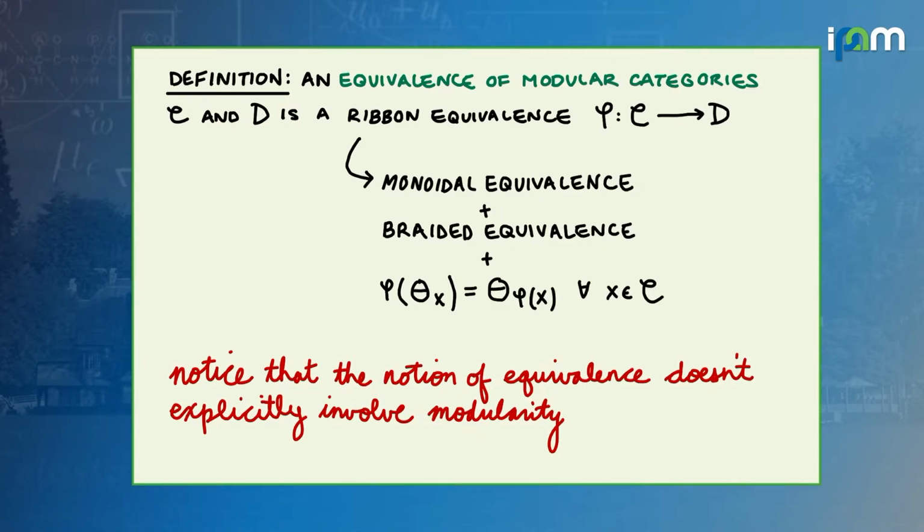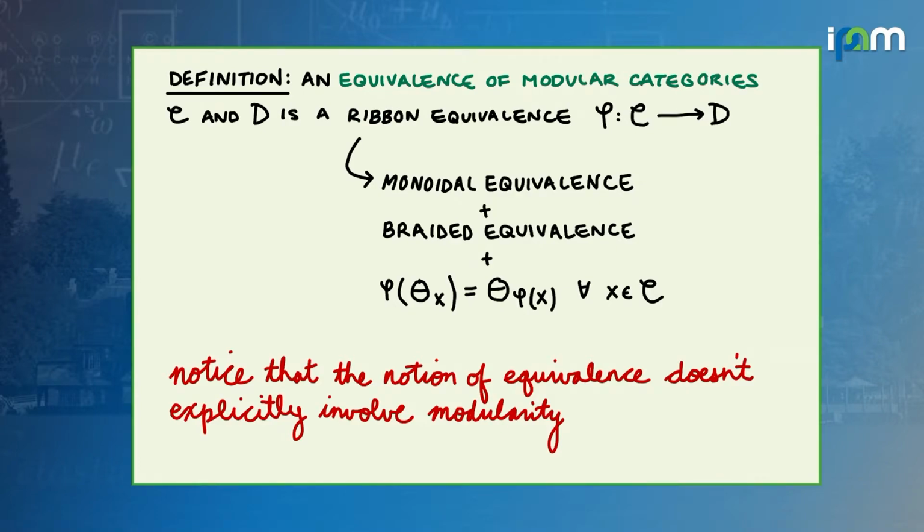If you ask a mathematician what it means to have two modular categories that are the same, they'll say something like this. There's a functor between these two categories that's an equivalence of the underlying categories, and it plays nicely with the monoidal structure, the tensor product structure, the braiding, and the twists, or the ribbon structure.